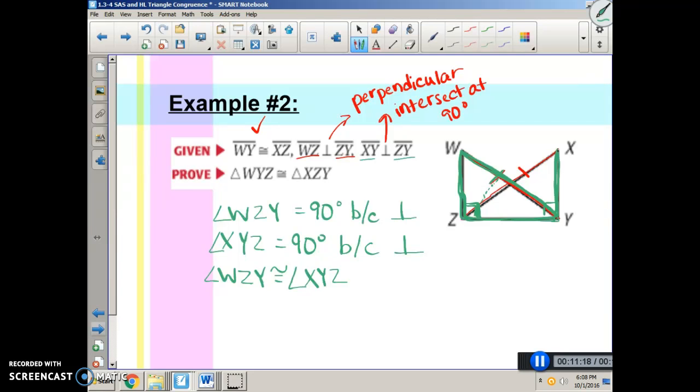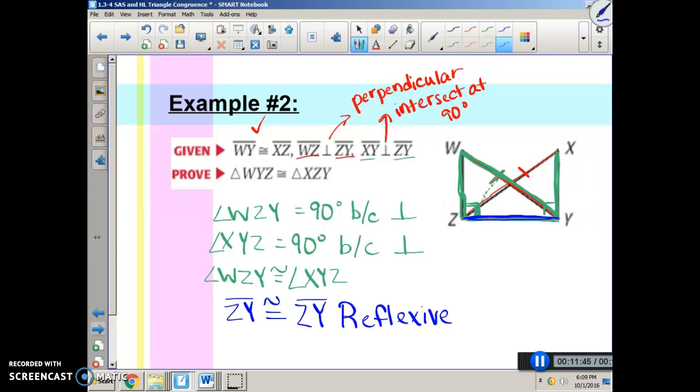Okay, we'll take a look at our picture. Is there anything that's overlapping? Why, yes, there is. As a matter of fact, ZY on the bottom is the same in both triangles. We use this almost every time, I think. It's because it's so popular. If it's in both triangles, it's congruent in both triangles. It's the same in both triangles because it's reflexive.